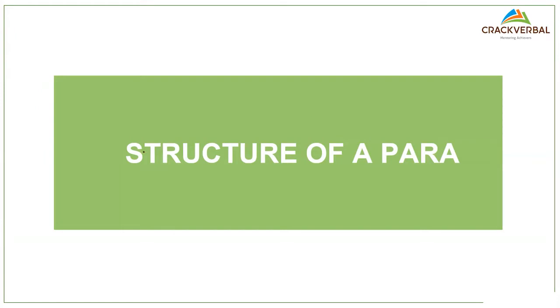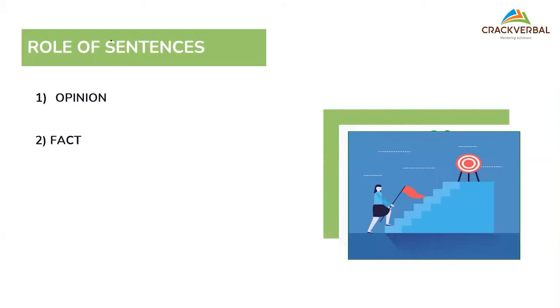So if I say structure of a para, technically, what am I looking at? Every para is made up of sentences and words. So to know the structure of the para, we have to know what exactly the sentences are doing.